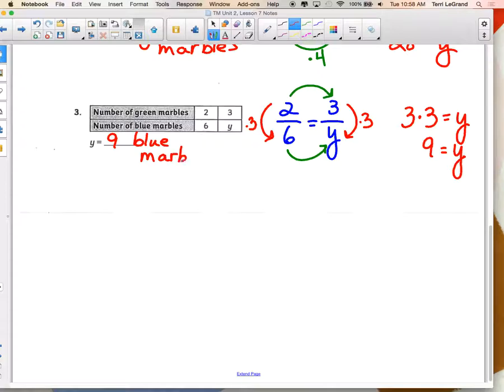Why? It's bigger than its numerator, and is the other ratio's denominator bigger than its numerator? Yes, okay, then we're feeling good about it.